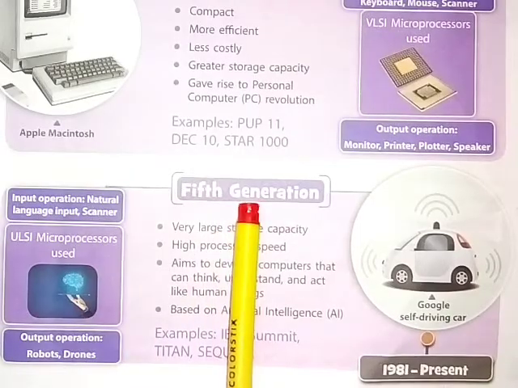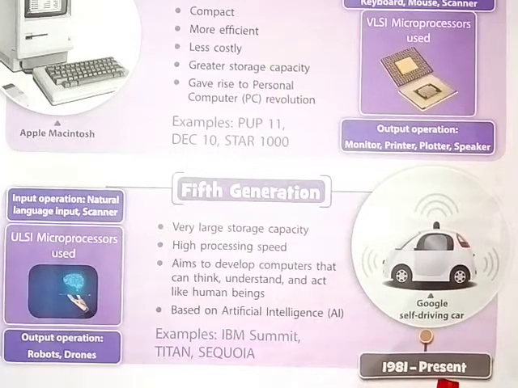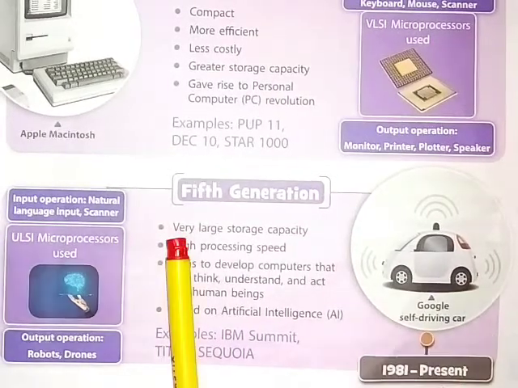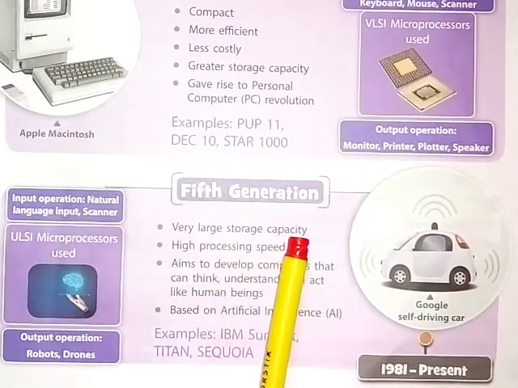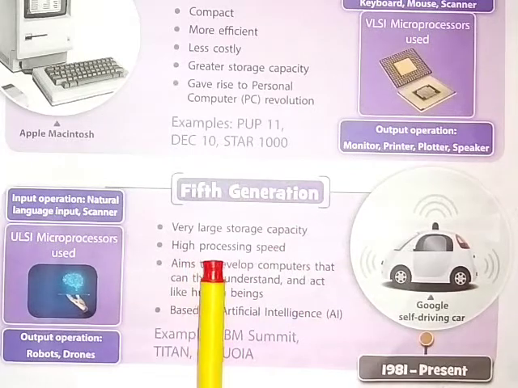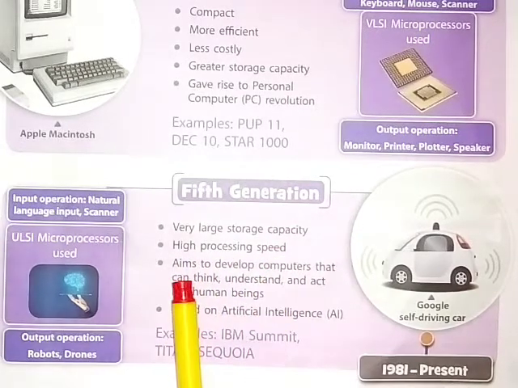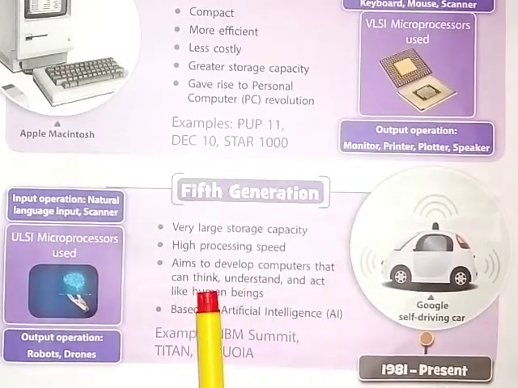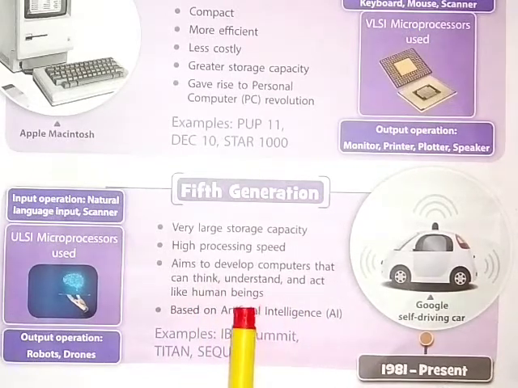Fifth generation started in 1981 and it is going on. It has very large storage capacity. It has high processing speed. It aims to develop computers that can think, understand and act like human beings.